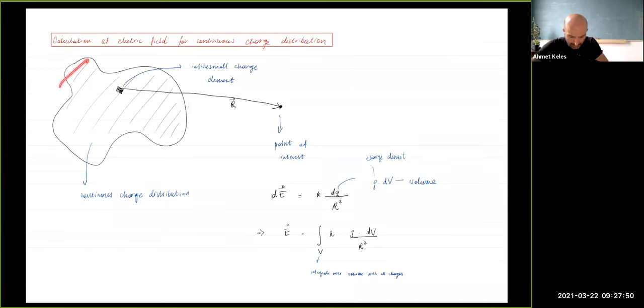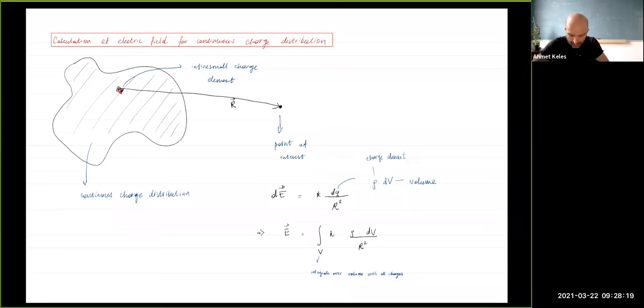So suppose we have a uniform charge distribution in some region like this, some given region and some given charge. And we are interested in the total electric field, let's say at this point. Maybe we could choose here or here or here, but I chose there. So to do this, I choose an infinitesimal region like this here.